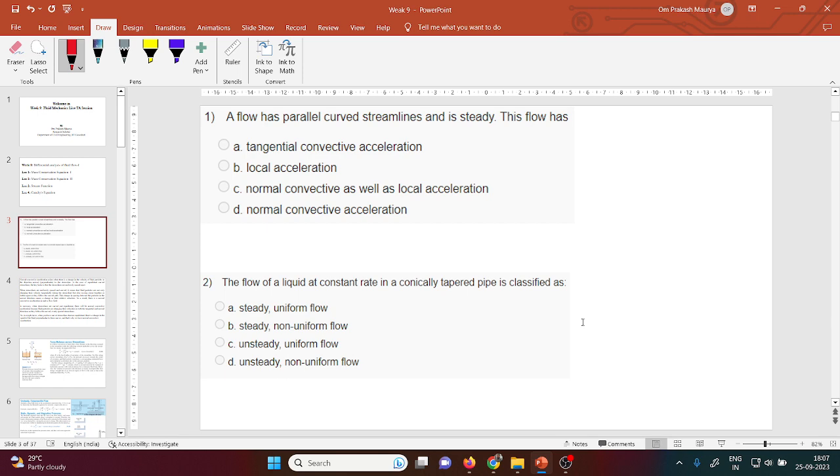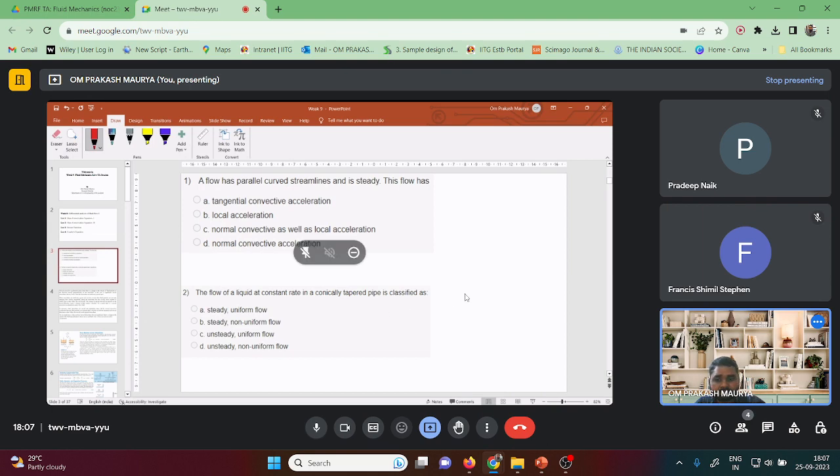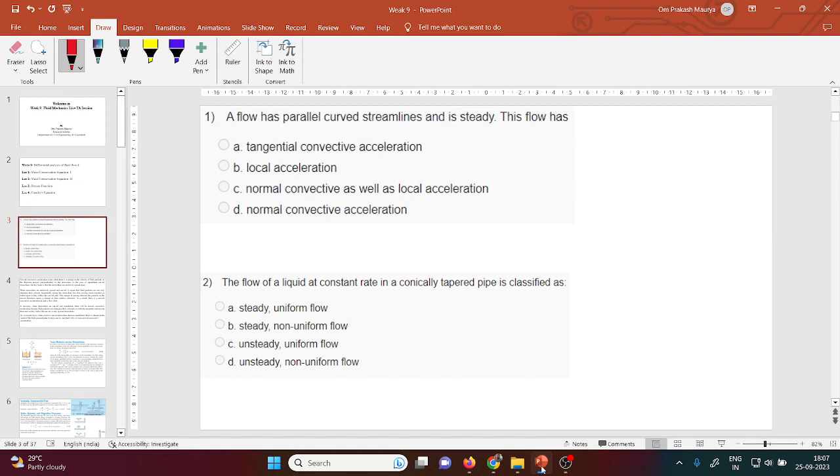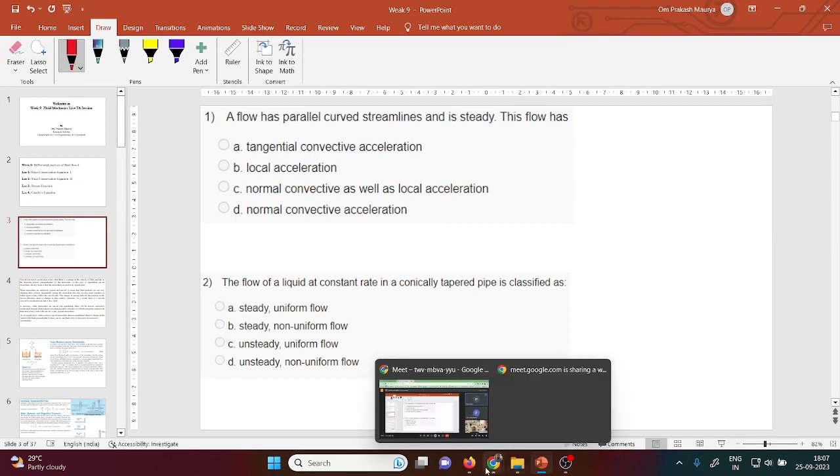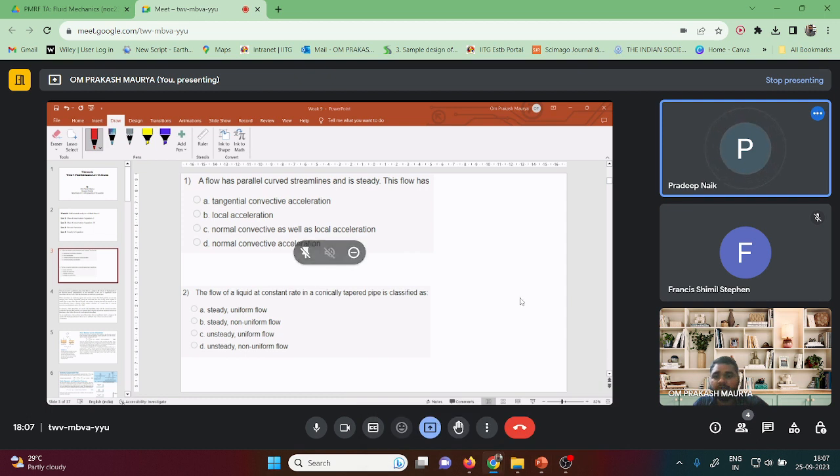So the first question, I think the question is visible to all of you. A flow has parallel curved streamlines, that is the streamlines having a curve and parallel, and the flow is steady.